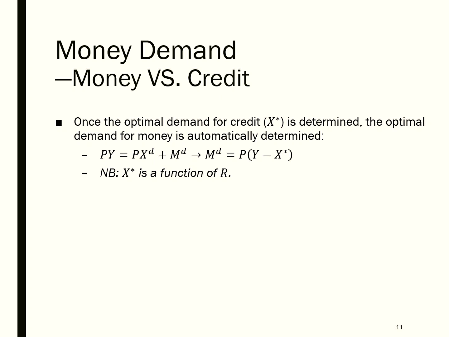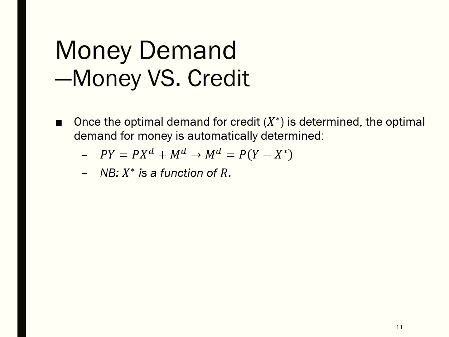To see that, we go back to our accounting identity for the aggregate demand. In nominal terms, PY is the total nominal value of the output you want to buy, and you either buy it using credit, which is equal to P multiplied by XD, where XD is the demand for credit, or you buy it using money, MD, which is the money demand.